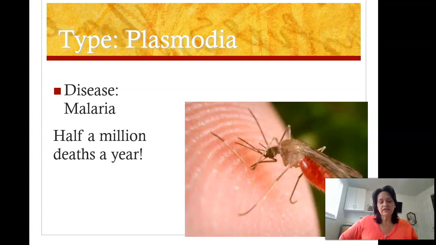So if you were to count up deaths by disease, malaria would have the most. And even now, 500,000 deaths a year are caused by this plasmodia through mosquitoes. Okay, usually where mosquitoes would live in the more wet, humid climates.